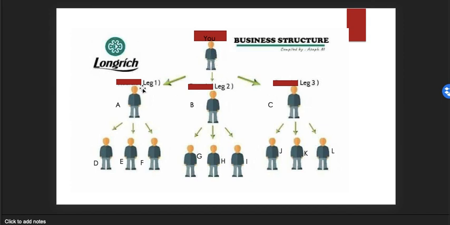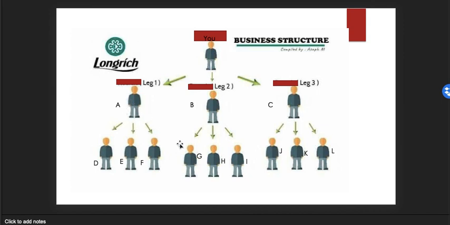But take note, so you have A, B, C, and your first level is filled. Then you sponsor Mr. G. But because you love Mr. B and you want to help Mr. B build sponsorship, you now want Mr. A to sponsor Mr. G. It can't happen.